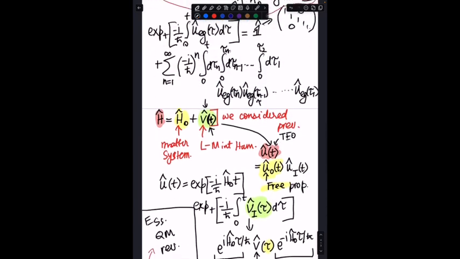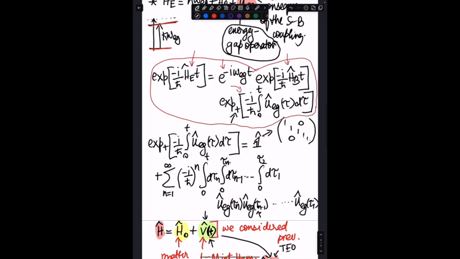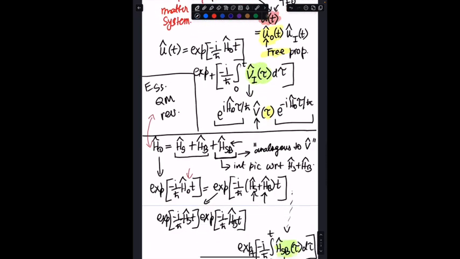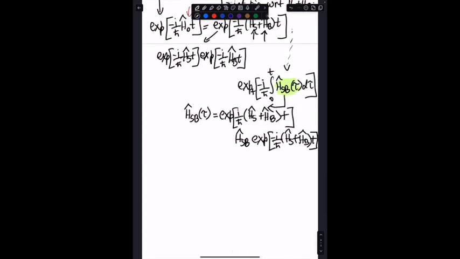Another important comment which I would like to make is these are forward time propagators. So essentially, they propagate your quantum system forward in time. But let us also consider backward time propagators, right? So how would a backward time propagator look like?